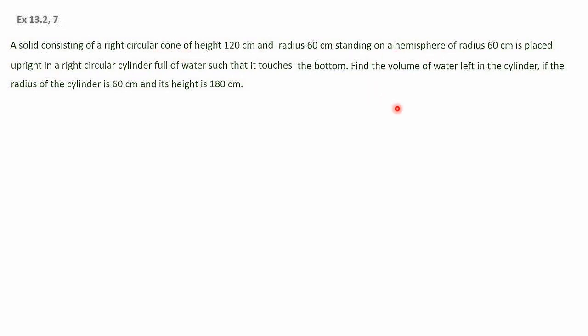So there is a hemisphere on the bottom, and on top of that there is a cone. And we are keeping this solid inside a right circular cylinder which is full of water. We are asked to calculate the volume of water left in the cylinder if the cylinder has 60 cm radius and height is 180 cm.